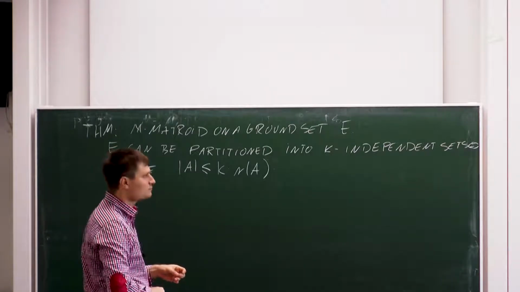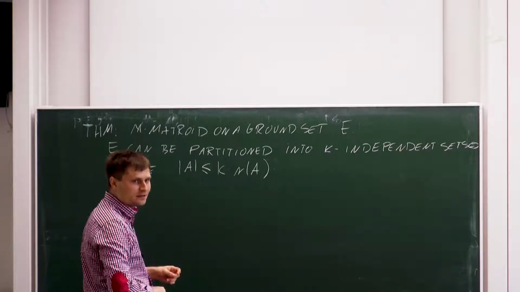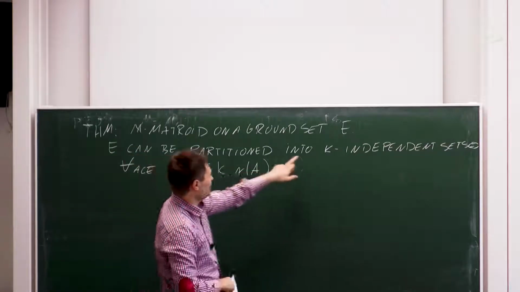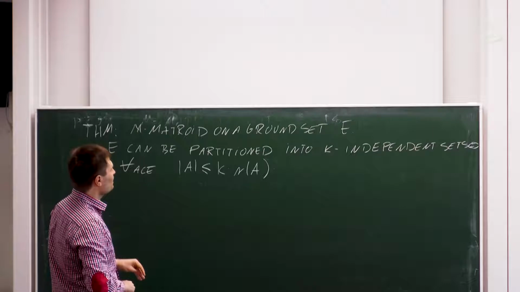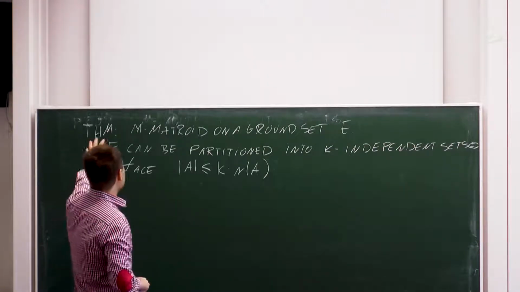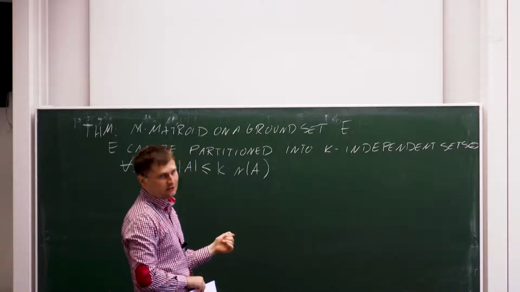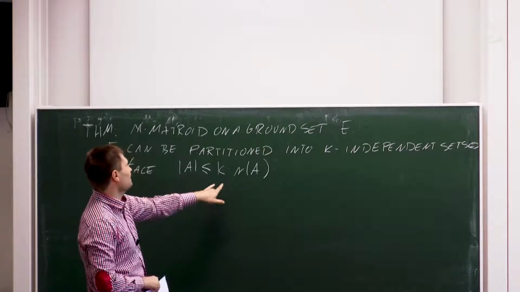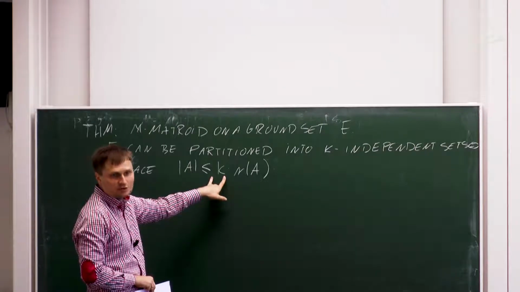Is that not true? I mean, you can always take singletons. You can always take singletons, but there is the same k appearing here. So if you would take k equal to the cardinality of E, this would be trivial. Clearly, E can be partitioned into k independent sets if the singletons are trivial, and the cardinality of A is smaller than or equal to the rank of A times the cardinality of E. That's also trivial.